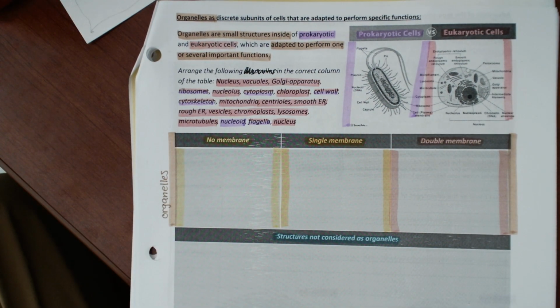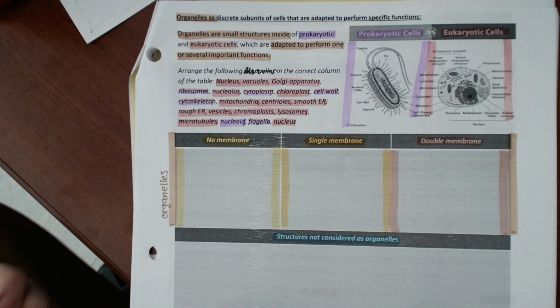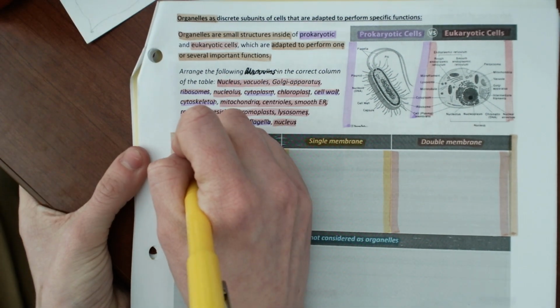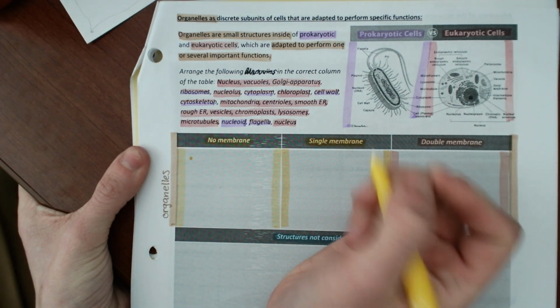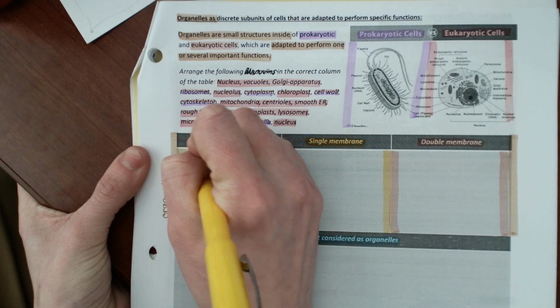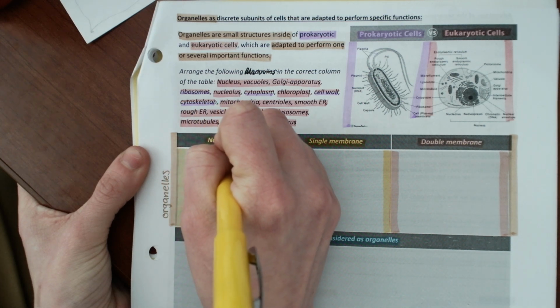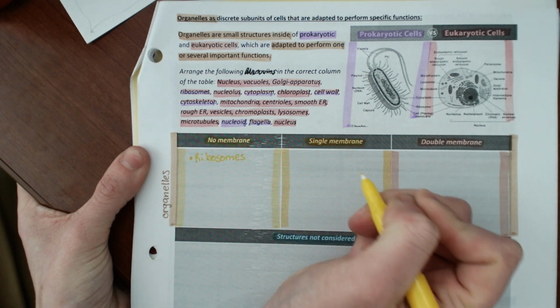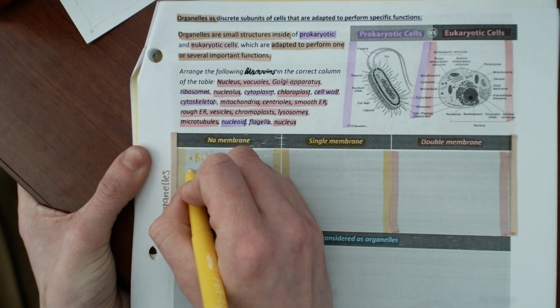And then we'll fill in our no membrane organelles. I hope the yellow shows up on this gray. Fingers crossed. So your organelles without membranes, does that show up? Oh, good. Your ribosomes, two subunits, but not one of them has a membrane.